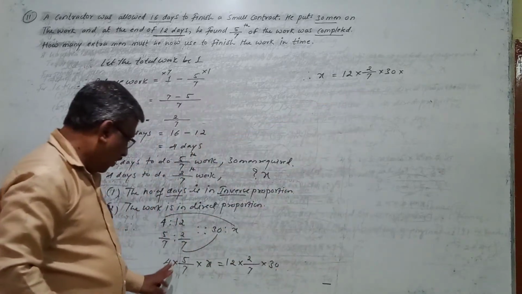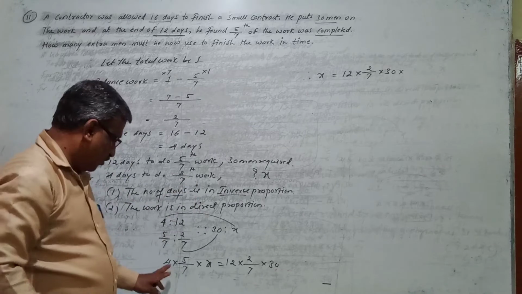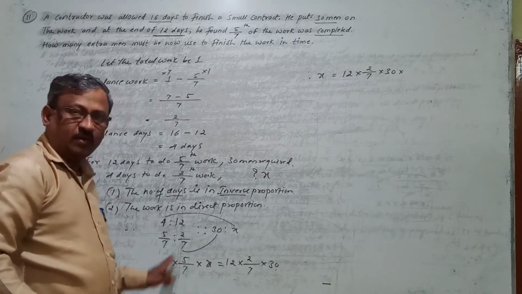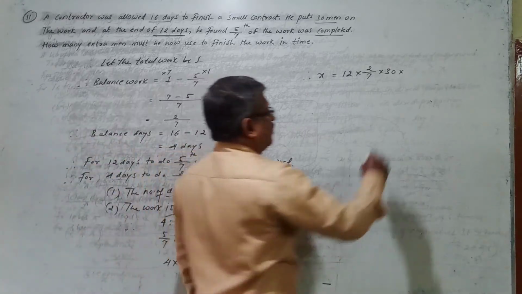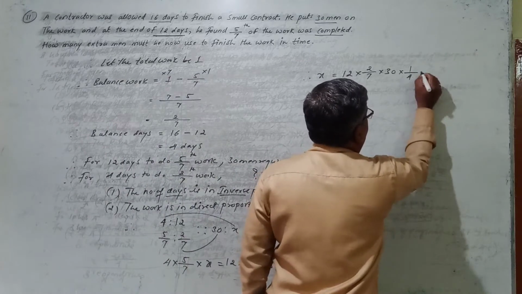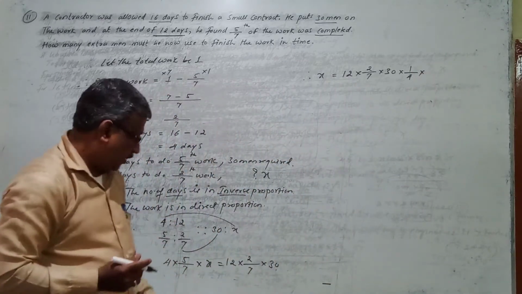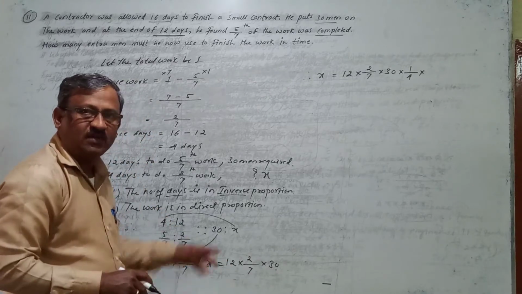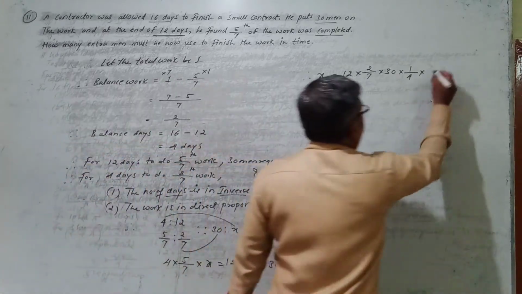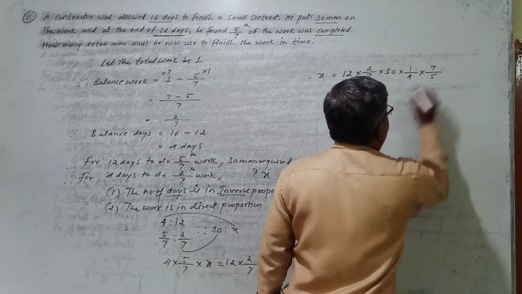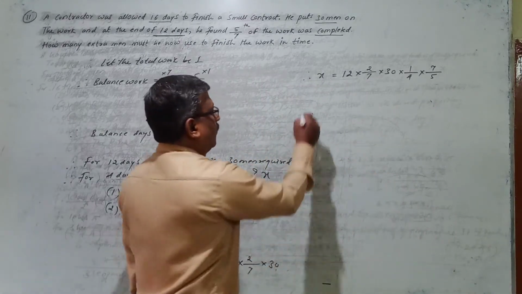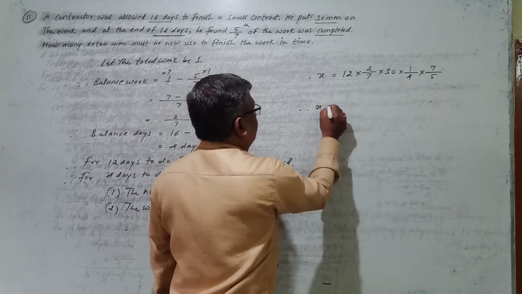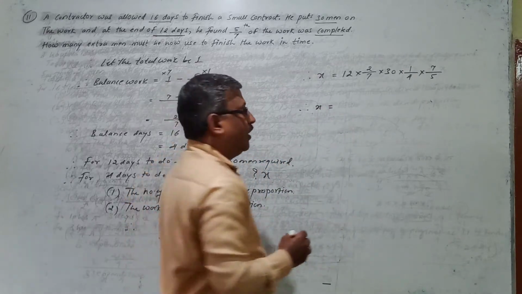Now you transfer these two values to that side. If you transfer 4 to that side, this multiplication becomes division, meaning multiply by 1 divided by 4. Into 5/7, you transfer to this side, so this becomes reversed: 5/7 becomes 7/5, so it is 7 divided by 5.